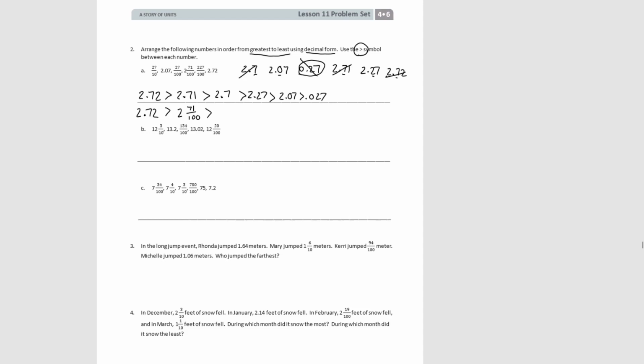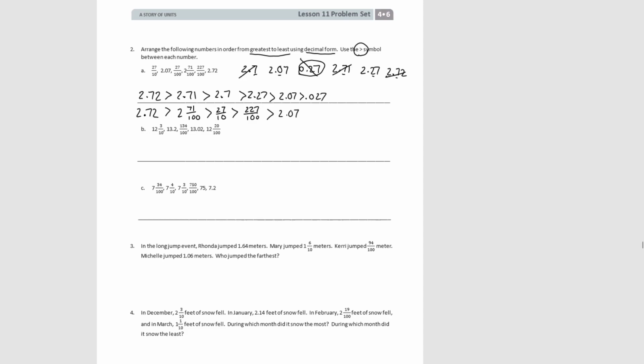Then 2 and 7 tenths was written as an improper fraction. Then 2 and 27 hundredths was written also as an improper fraction. Then 2 and 7 hundredths was written in decimal form.